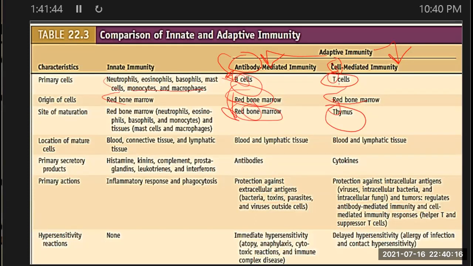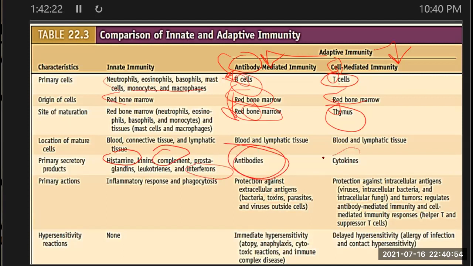And then, location of mature cells: the lymphatic tissues. Regional immune responses, like in the brain, I will explain later, because some immune cells cannot enter the brain. Primary secretory products in innate immunity are histamine, kinins, and complement, very common. For antibody-mediated immunity, antibodies, of course.